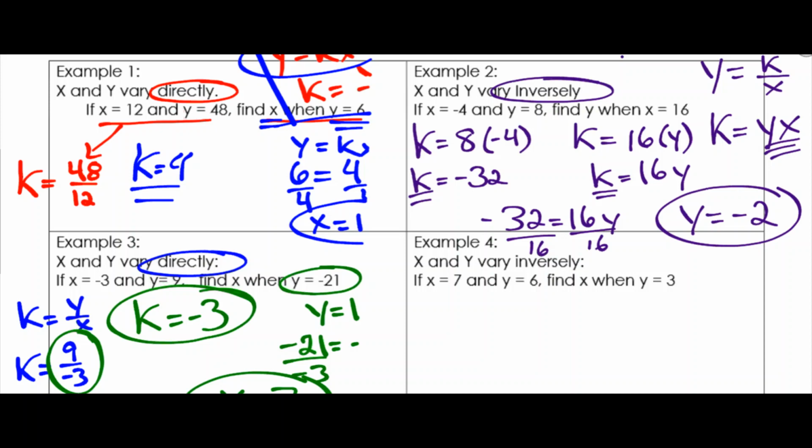Again, you can check this just using those original equations. You know you need to get the same number each time you multiply your combination of x and y. Negative 4 times 8 and negative 2 times 16 give you negative 32. They give you the same constant.